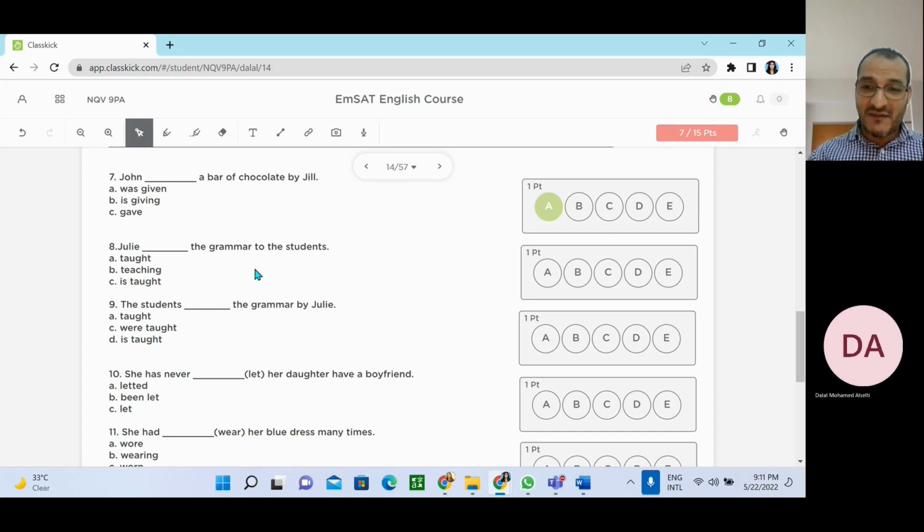In the passive form, the verb to be tells you the tense of the original verb. The original verb here is give, so Jill gives John a bar of chocolate. What is the tense? We should put it in the past because the verb to be is "was", past. So we say Jill gave him a bar of chocolate in the active voice. But here this is passive. Was given, because of "by Jill".